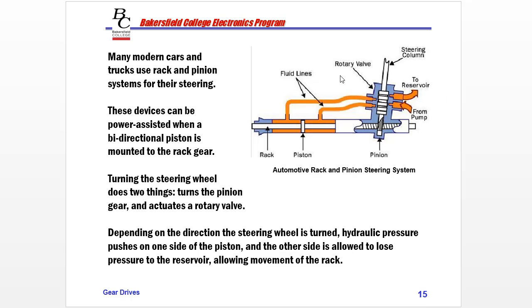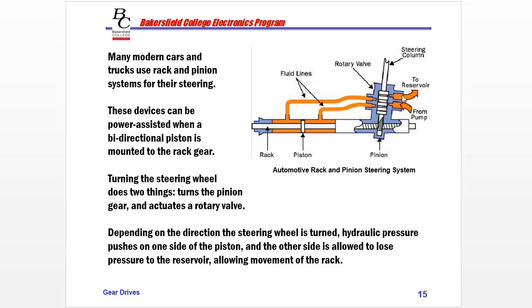With modern cars, we have a little bit of a different system. We have power steering. We still have a rack and a pinion, but we have some other things that are involved here. So turning the steering wheel does a couple of things. It turns this pinion valve and it actuates a rotary valve.